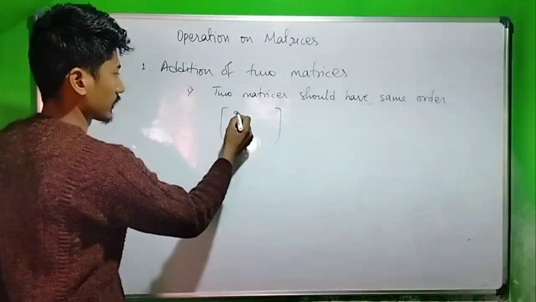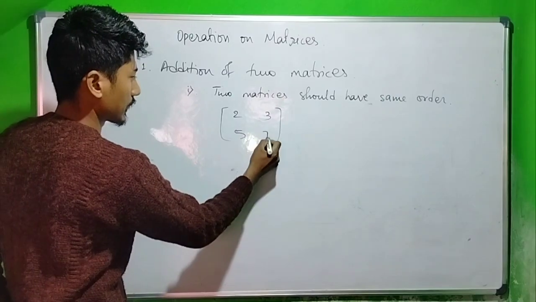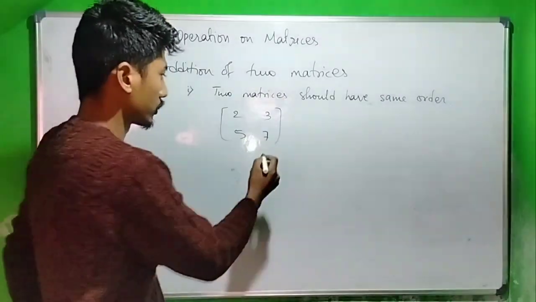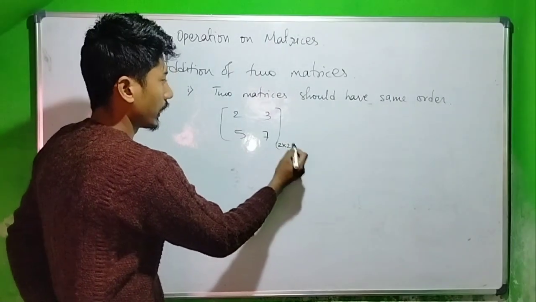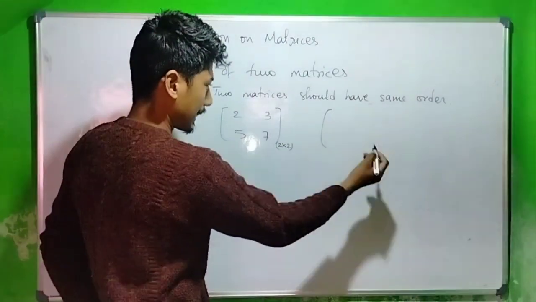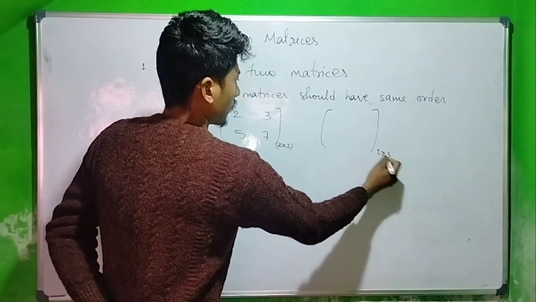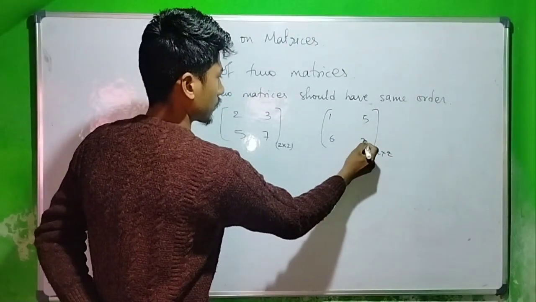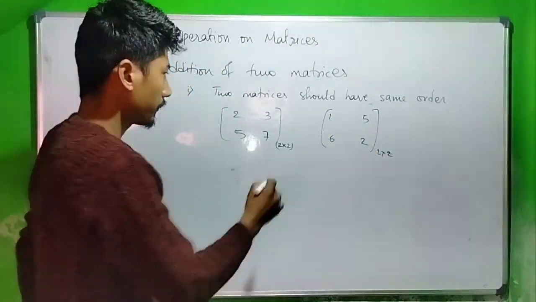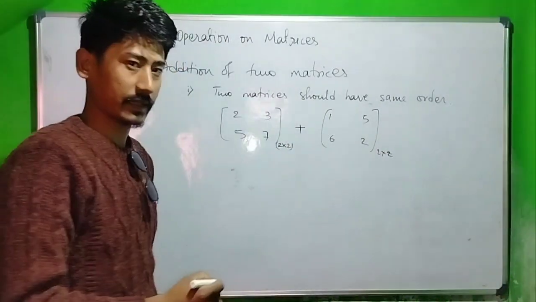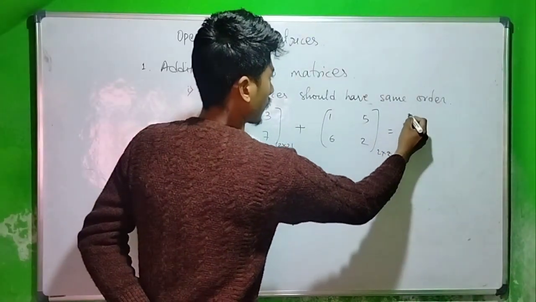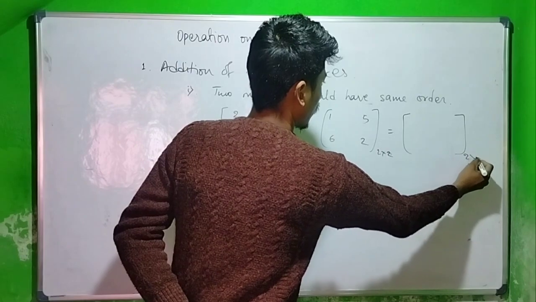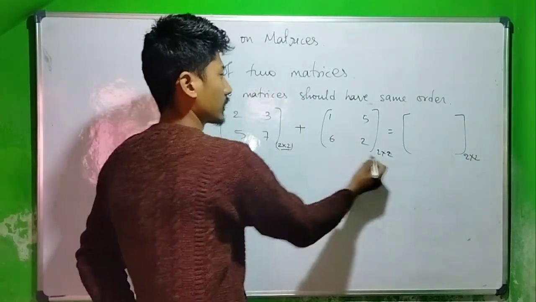Let's say there is a matrix 2, 3, 5, 7 of order 2 by 2. And we have another matrix of the same order 2 by 2, let us take 1, 5, 6 and 2. If you add these two matrices, you will definitely get a matrix of order 2 by 2 only.